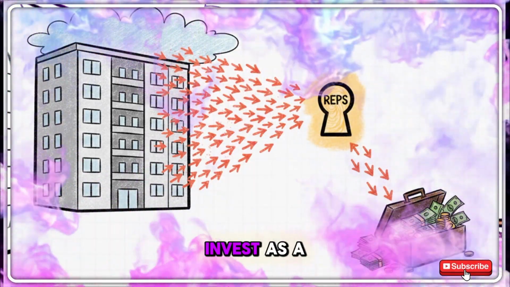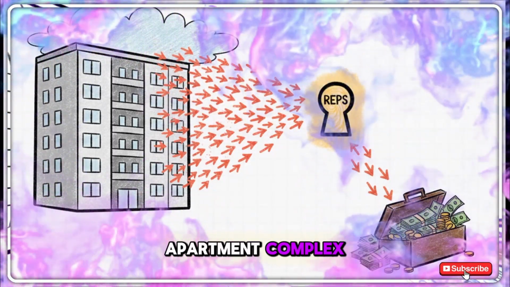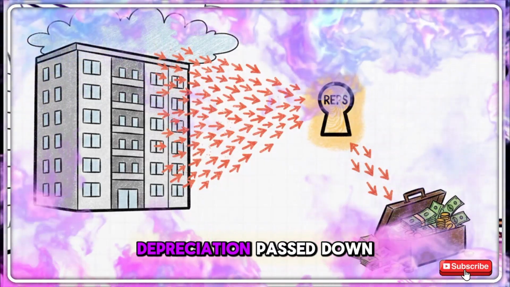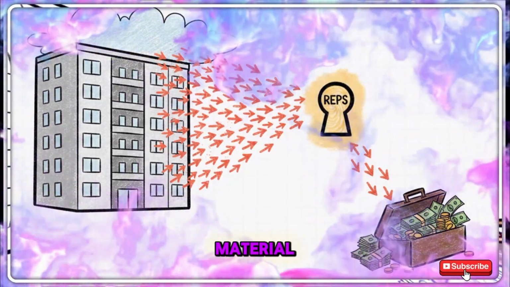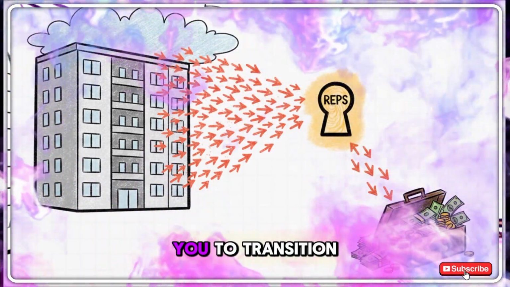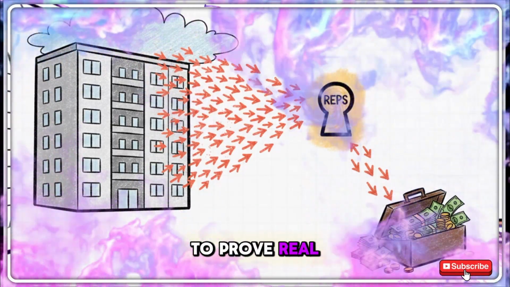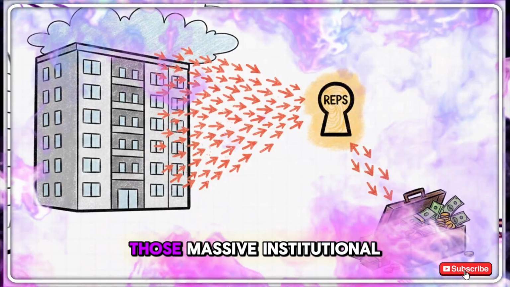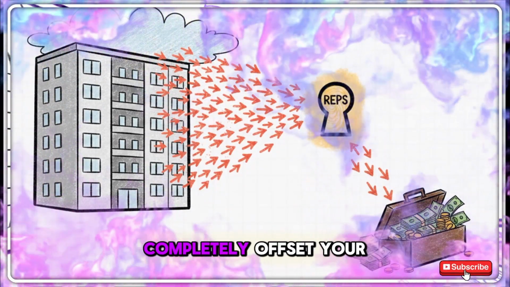Normally, if you invest as a limited partner, an LP, in a 200-unit apartment complex, the massive bonus depreciation passed down to you is strictly passive. But if the material participation requirements are strategically met, which often requires you to transition into a general partner or GP role to prove real operational involvement, those massive institutional-level paper losses can legally flow through to completely offset your active personal income.